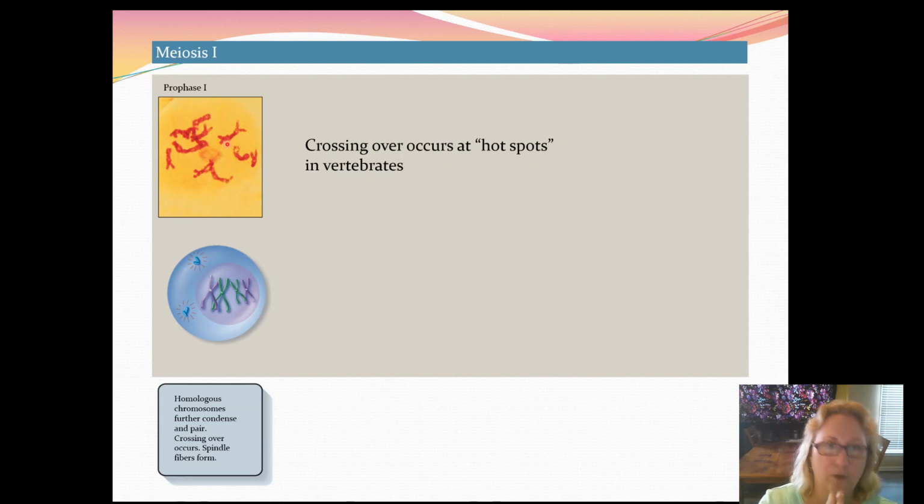So we have 4 chromatids synapsed together. During prophase, the centrioles have replicated already in G2. DNA replication occurs in S phase of interphase, just like it does before mitosis. So that's already occurred. So in prophase, we have condensation and crossing over.